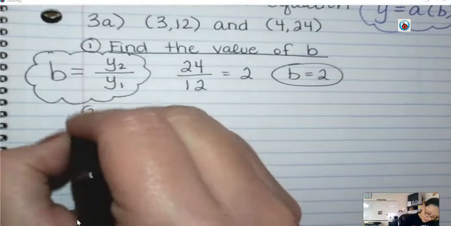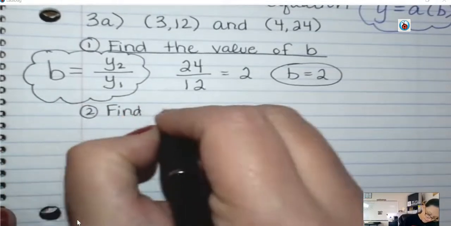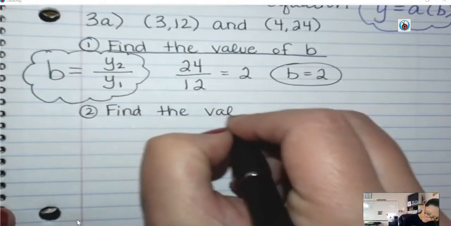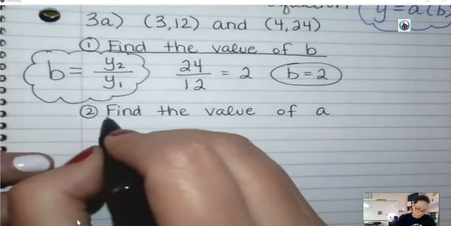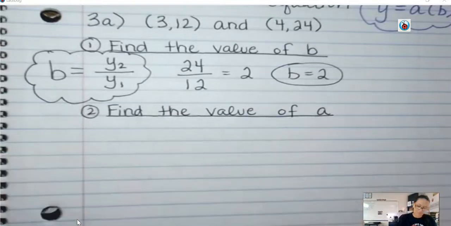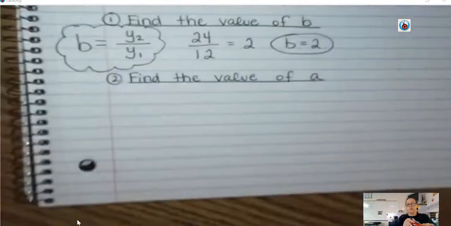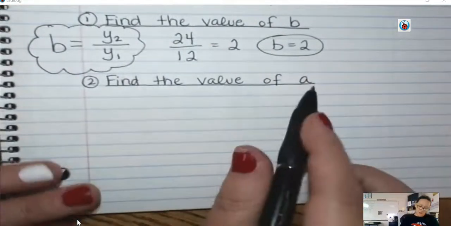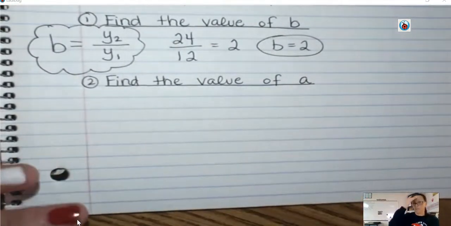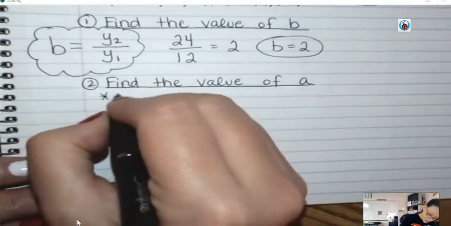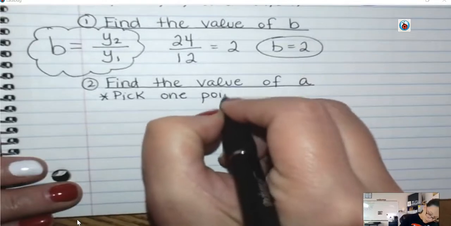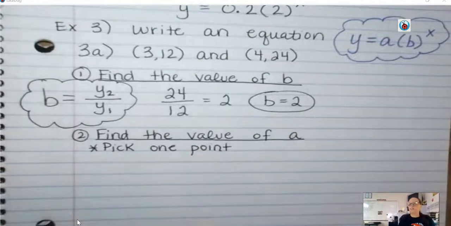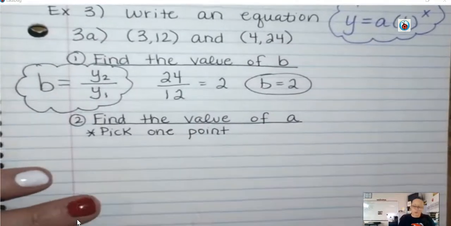The second step is now find the value of a. To figure out what a stands for, we're going to first pick one point. So in the question they gave us 2 points. Just pick one of them. I'm just going to go with 3, 12.